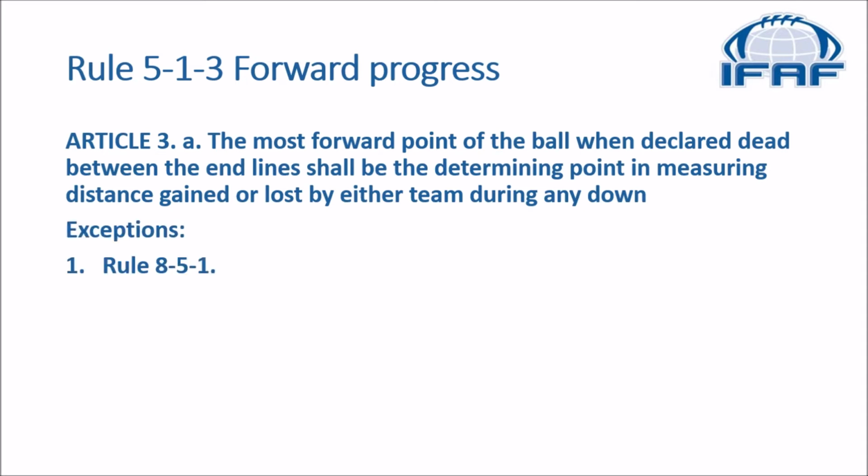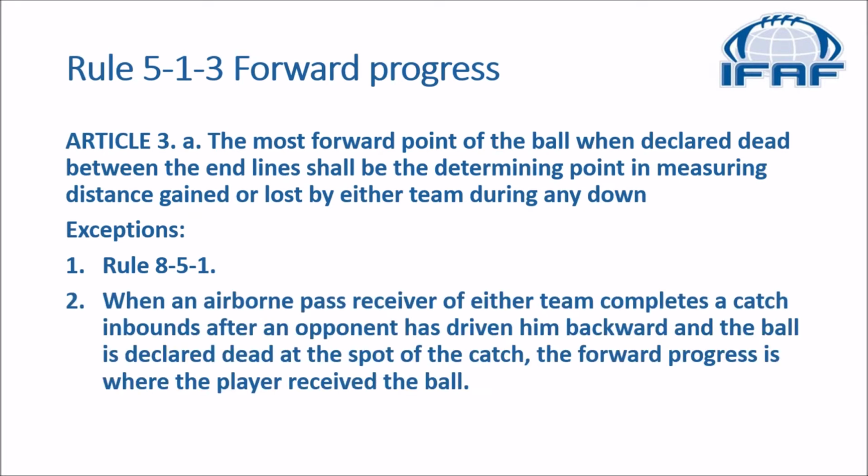Exceptions. First one is Rule 851, which of course we all know deals with safeties. And the second one, when an airborne pass receiver of either team completes the catch inbounds after an opponent has driven him backwards and the ball is declared dead at the spot of the catch, the forward progress is where the player received the ball.